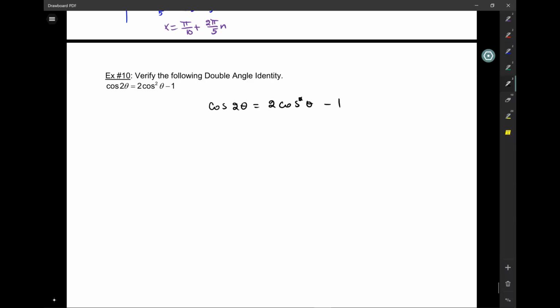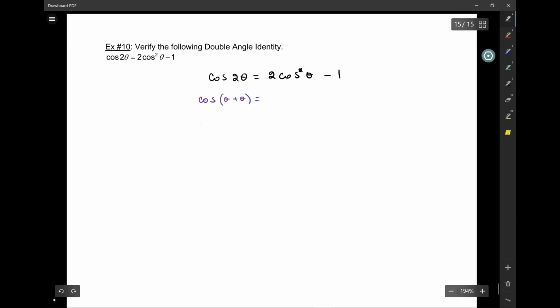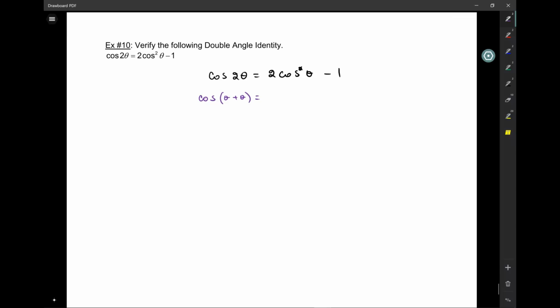Remember how before when we had sine of negative theta, we did 0 minus theta for negative theta? We're going to do something similar here. We're going to rewrite this 2 theta as theta plus theta, because you could be 16 years old or you could be 8 plus 8 years old. Same thing. So cosine of theta plus theta.